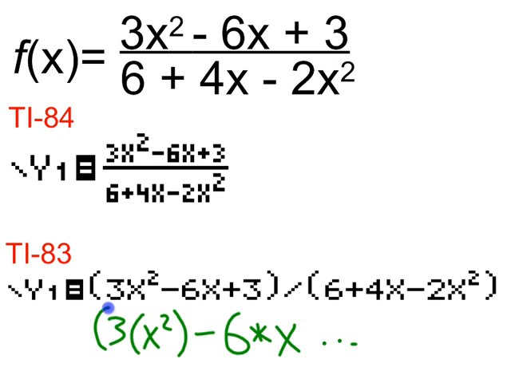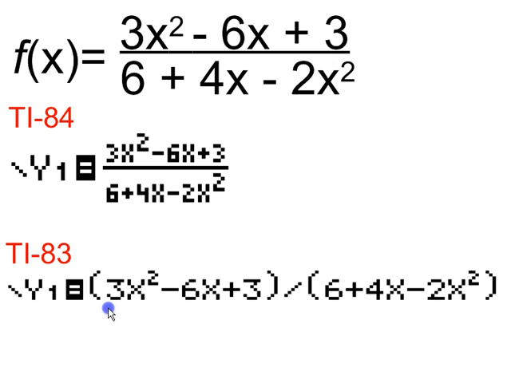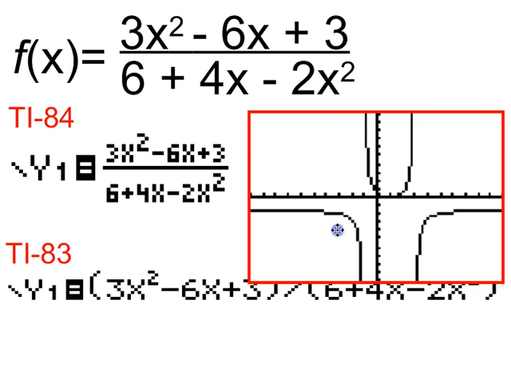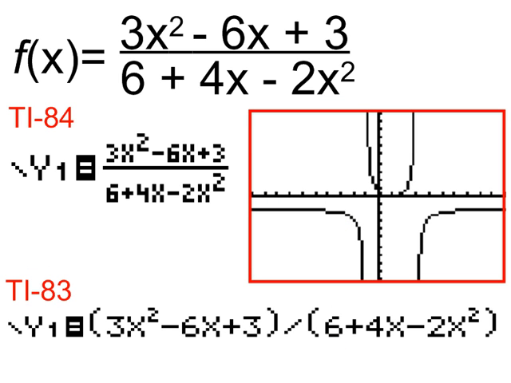The extra parentheses and the times don't hurt, but I would urge you to strive to be as efficient as possible, to have your function look exactly the way that I have it looking up here for this example. If you've done so correctly, your graph should look something like this on Zoom Standard, Zoom number 6.